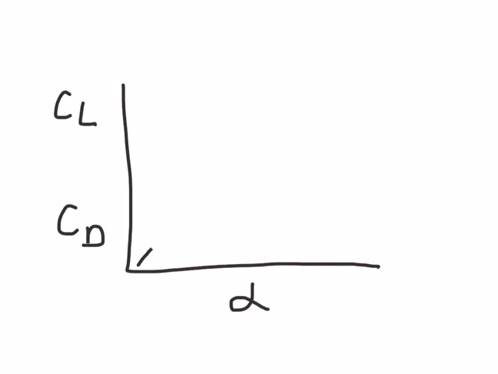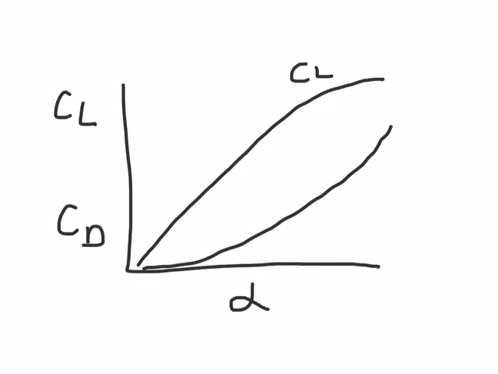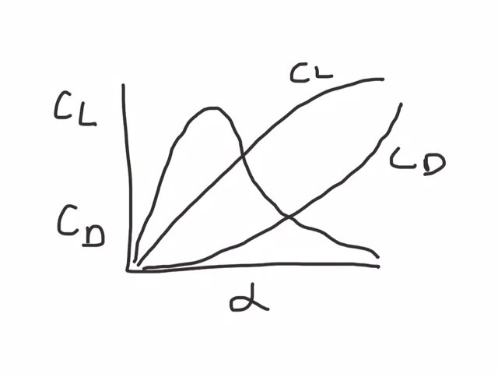you'll see plotted, this is angle of attack, CL, CD. CL looks something like this, CD looks something like this, and your lift to drag looks something like this, where this is L over D max at this top point.